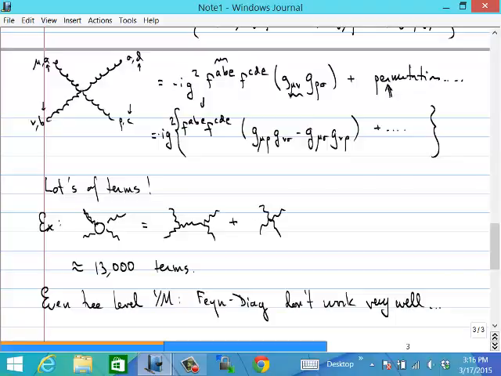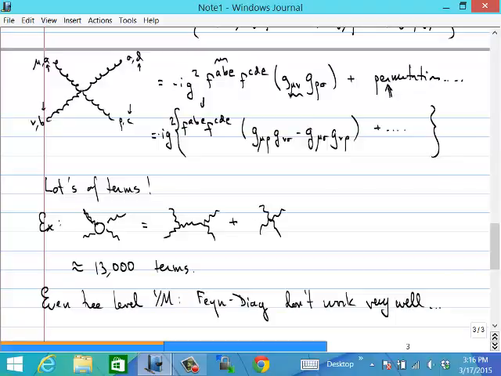So in fact, probably one of the most interesting developments in the subject of quantum field theory in the last, let's say, 5 years, has been the development of new sets of techniques that replace the usual Feynman diagram expansion for Yang-Mills theory, that allow us to compute all of these terms much, much more efficiently.